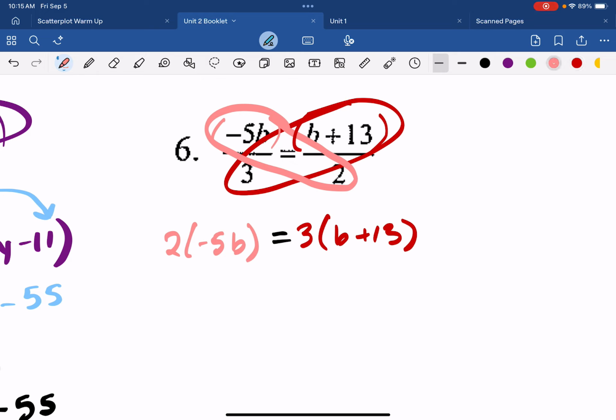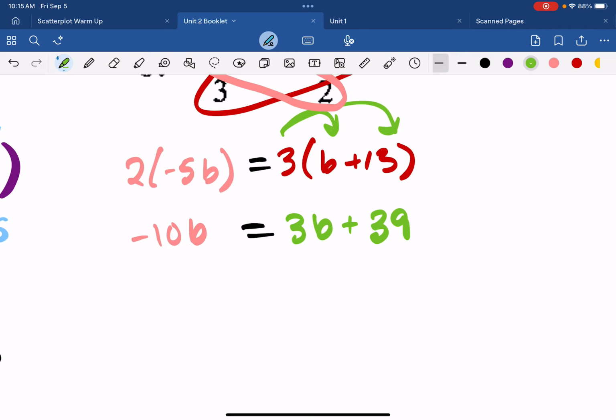Now my pink sides, I'm just going to do 2 times negative 5 and get negative 10b. The other side, I'm going to have to distribute. So I get 3b plus, and then 13 times 3, I think is 39. Yep, 39.